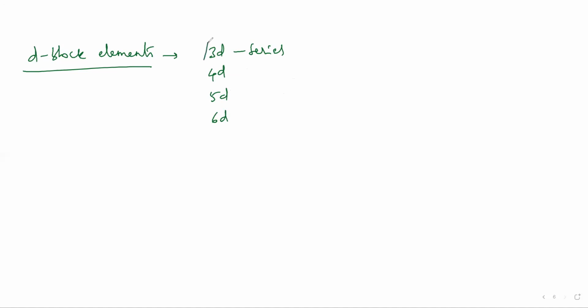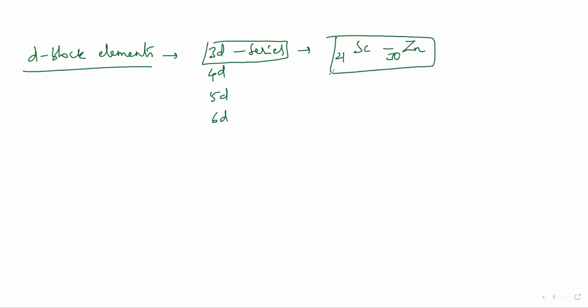Now, you should know at least the 3D series elements. The 3D series starts from scandium, that is 21, to zinc, 30. So this you better remember, scandium to zinc. You may get questions based on this 3D series.